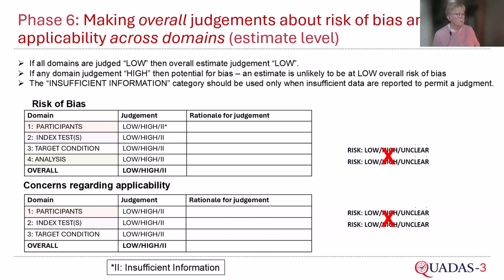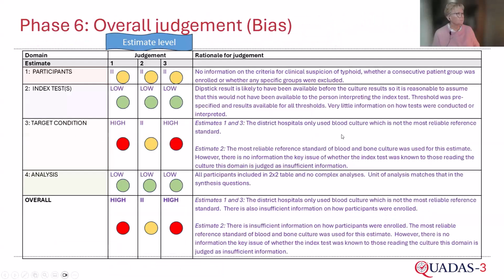But if any of the domain judgments are high, then this flags the potential for bias. And review authors need to make a decision about whether that's a high enough risk of bias that it would bring down the estimate judgment of bias.